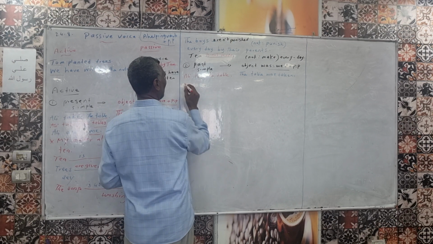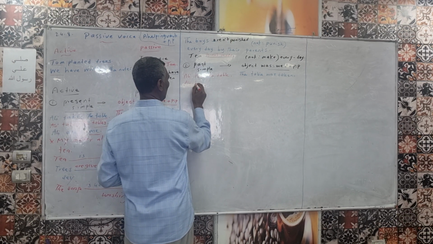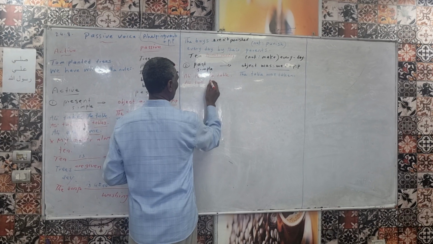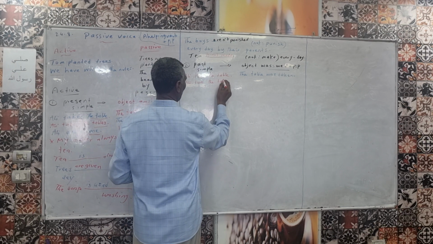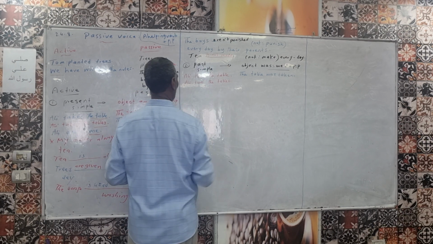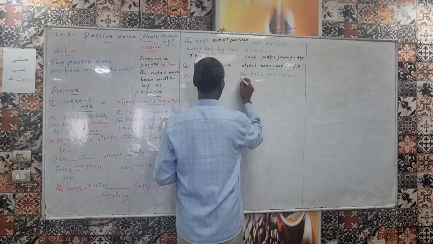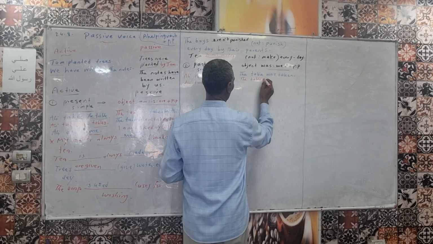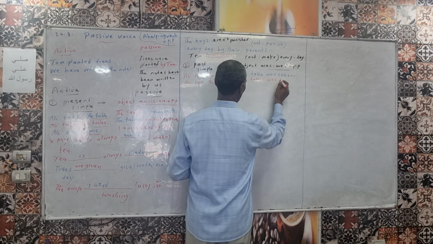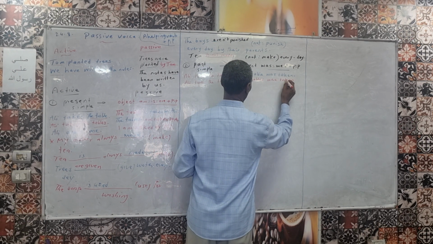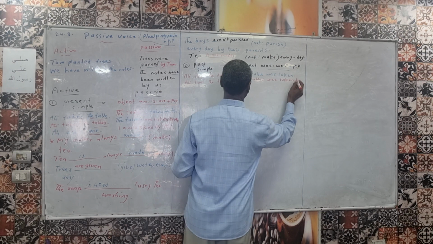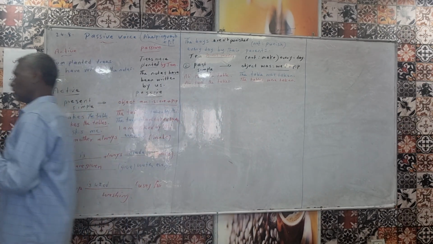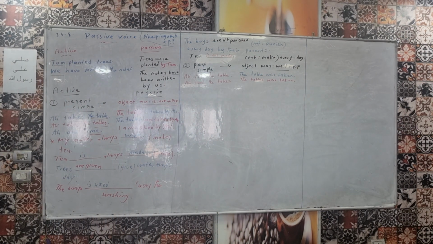So when I say Ali took the tables, is it an active voice or passive voice? Active voice. We say the tables were taken by Ali or were taken. The tables what? Were taken. ممكن نكتب by Ali. Okay? حول الجمل دي لجمل passive voice.